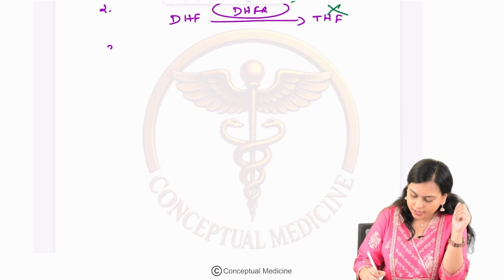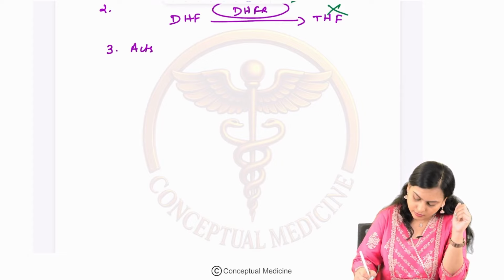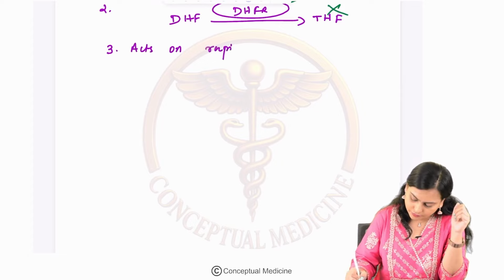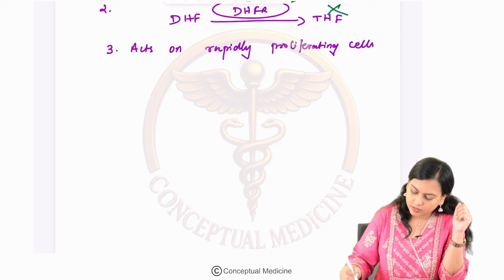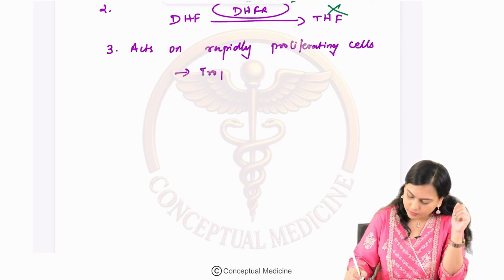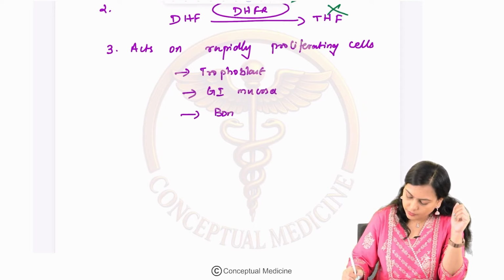So, it acts on rapidly proliferating cells including trophoblast, gastrointestinal mucosa, bone marrow and also the respiratory epithelium.